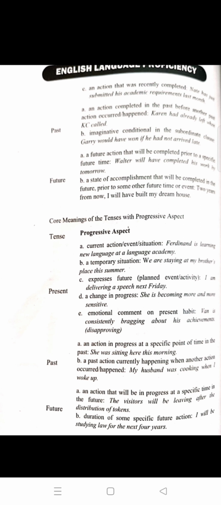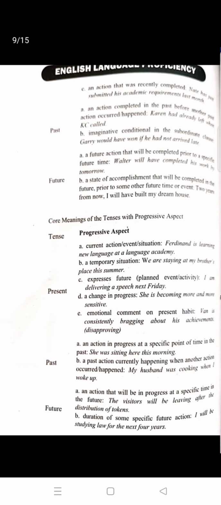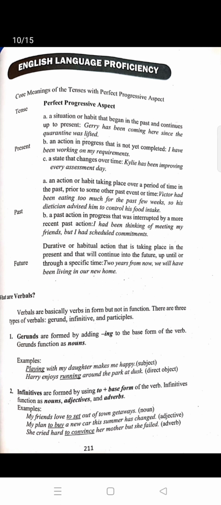So the difference is that in past and future progressive, the two actions being stated are still being done, in progress. That's why it is termed progressive aspect. So that's the main or the simple difference between the two. How about combining the meaning of perfect progressive aspect?